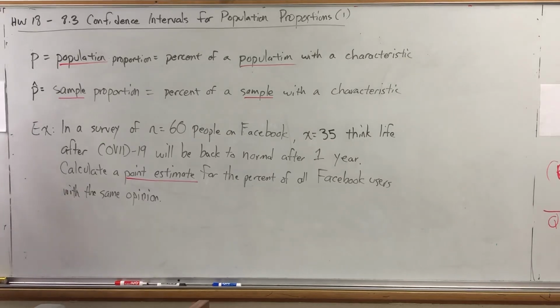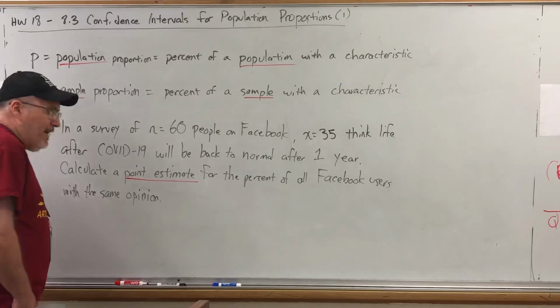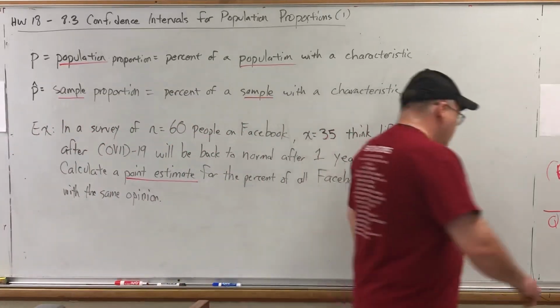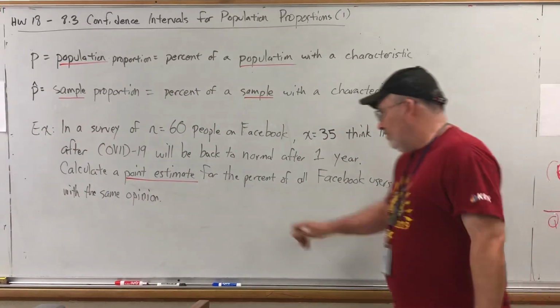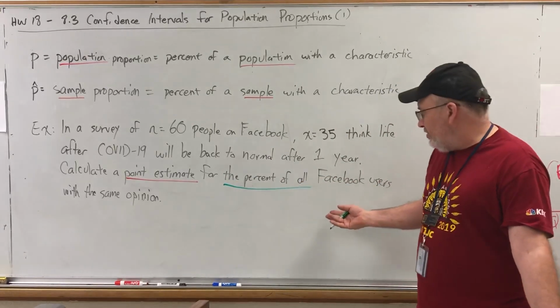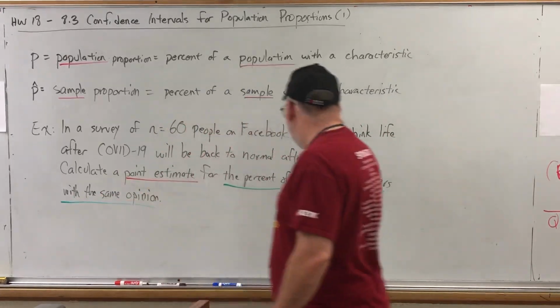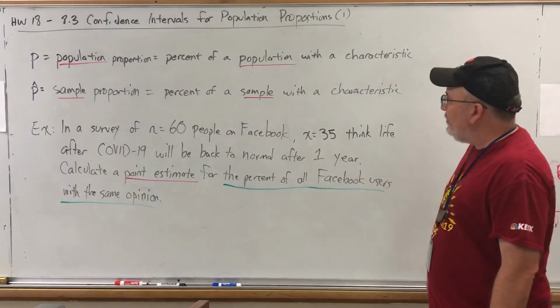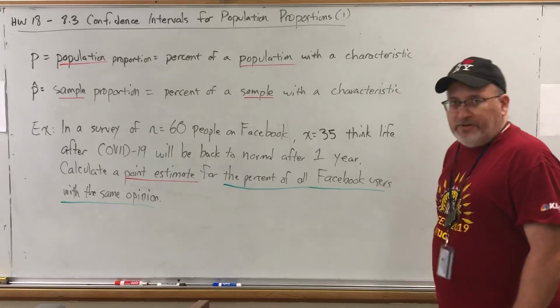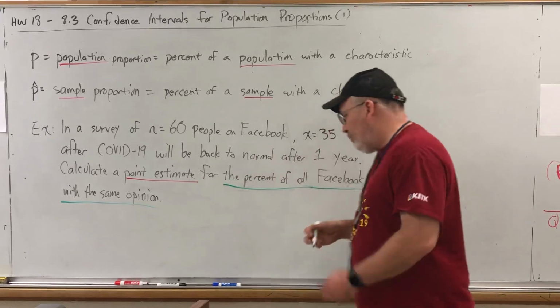All right, so whenever you're asked to calculate a point estimate for a value, first know what value you are calculating a point estimate for. We're looking for the percent of all of a population that has a characteristic. So this, the percent of all Facebook users with the same opinion, is a population proportion. So we're calculating a point estimate for p.